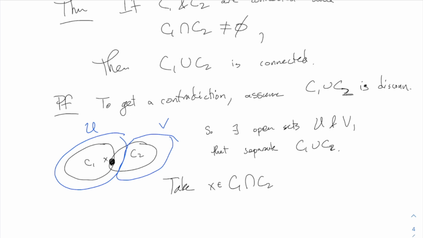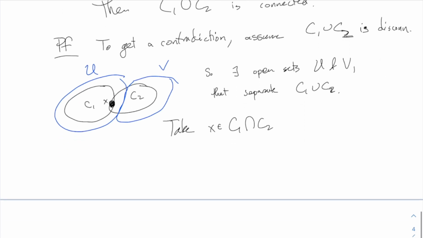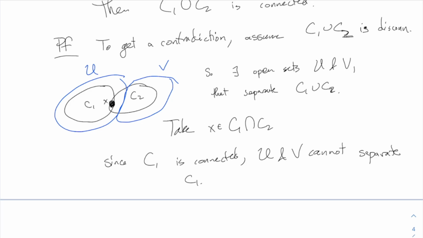Now, since X is in C1 and C1 is connected, U and V cannot separate C1 because there is no separation of C1. All right?